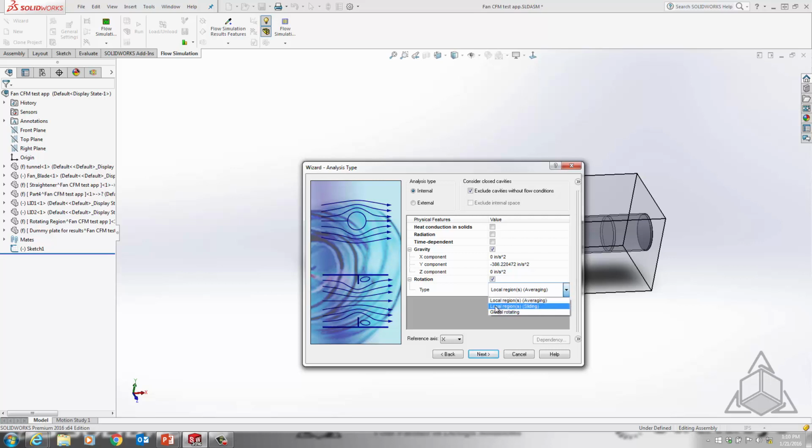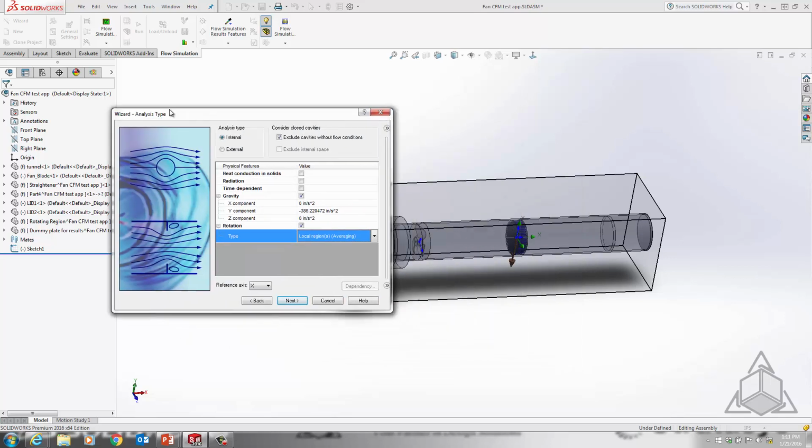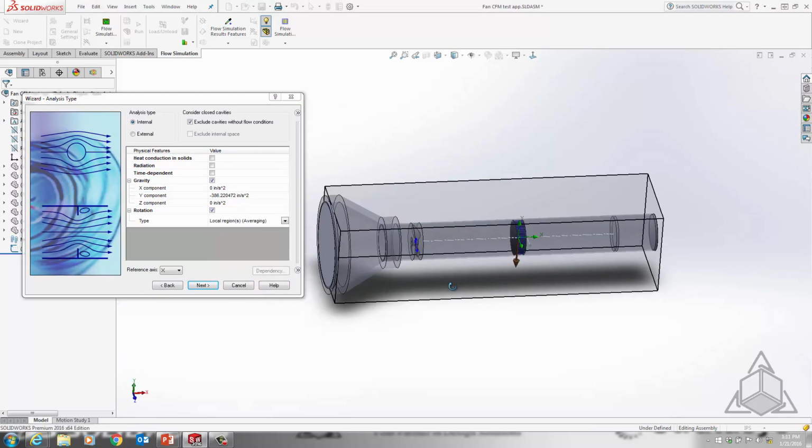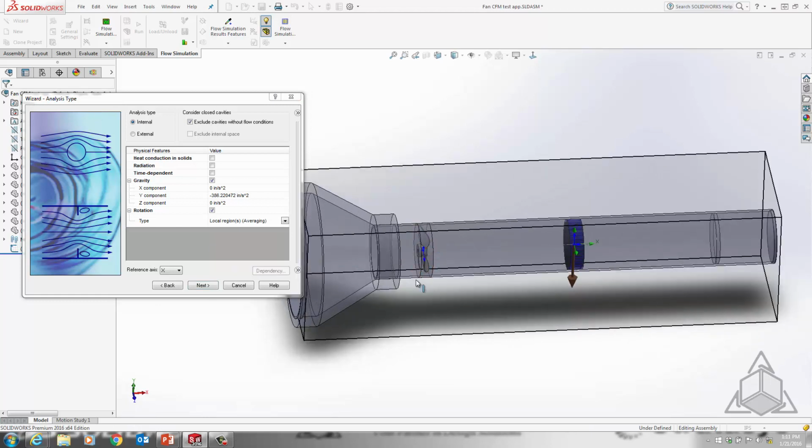Local region sliding is typically used when you have a time-dependent analysis. It takes into account the change in time, as well as the pressure affecting your system as it rotates. This is what we call a sliding mesh: the mesh changes as the part rotates. It takes a little extra time to solve.